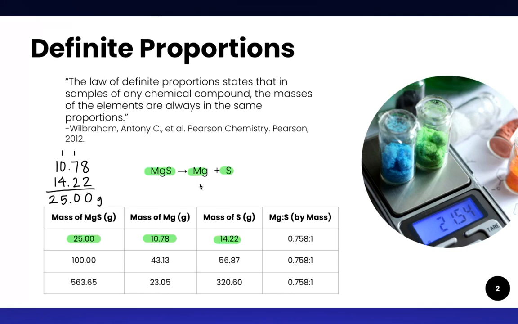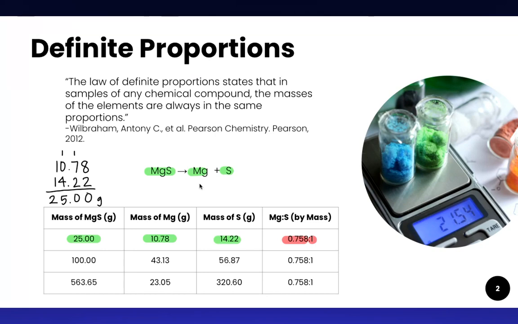And what we have in the last column here is a ratio of magnesium mass to sulfur mass. So for every 0.758 grams of magnesium, there is 1 gram of sulfur.